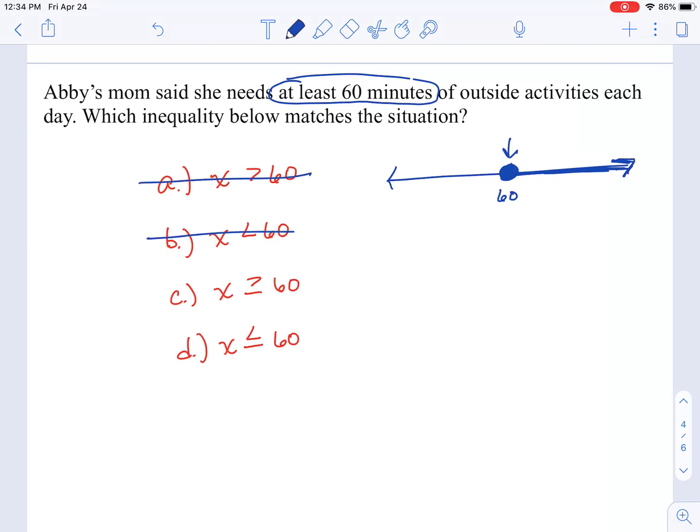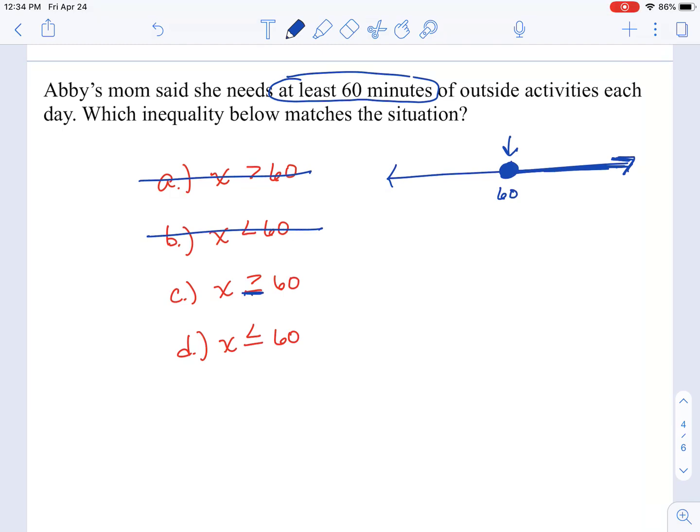So that means it's not A or it's not B. So C and D have the equal to part. Now, it's shaded this direction, pointing that direction. So that means it needs to be C. But that at least does not mean the least amount. That means that's the least amount that mom's okay with. She would be really happy with more, but that's your minimum you can do.